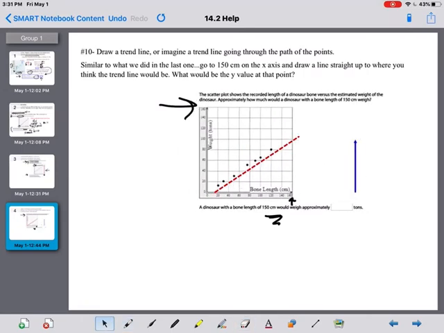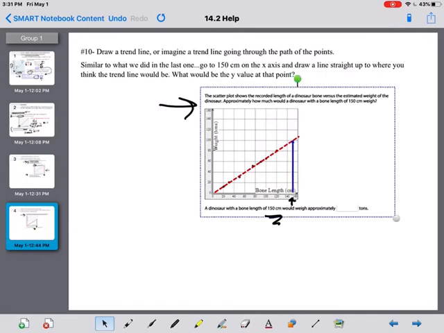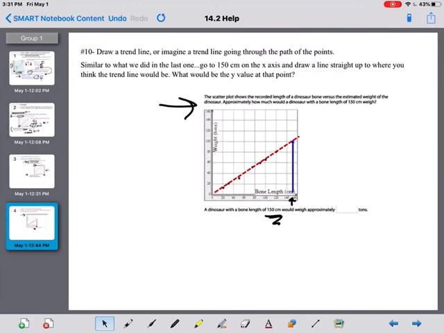And I draw a line going up from 150 centimeters. I can see where that is going to fall, which is approximately right here. And if I go across, I can see what that Y value would be.